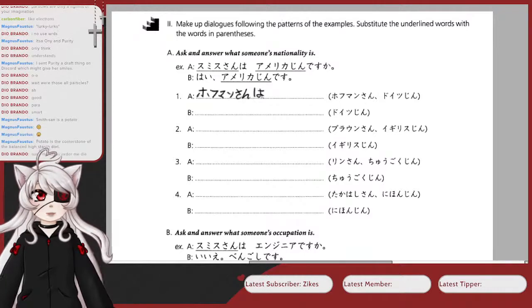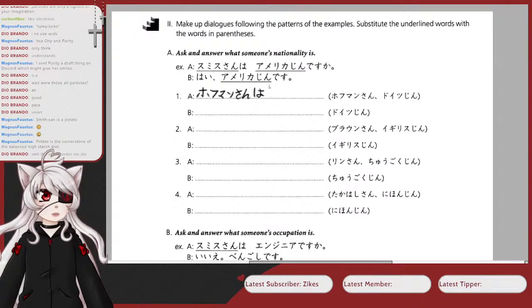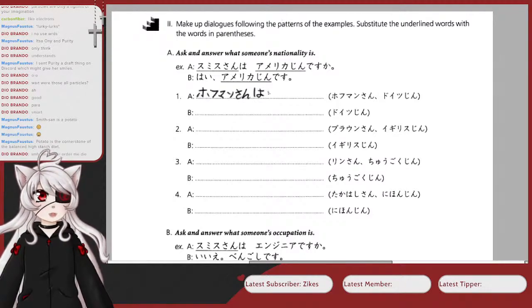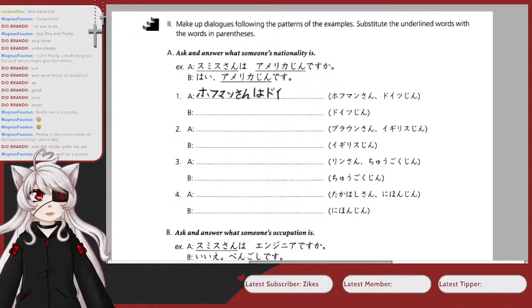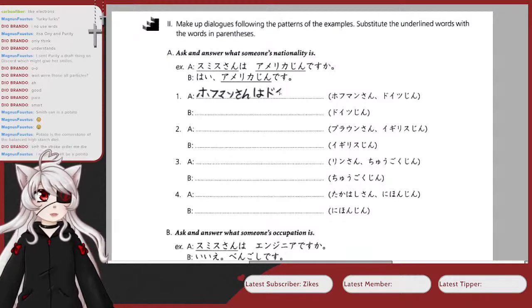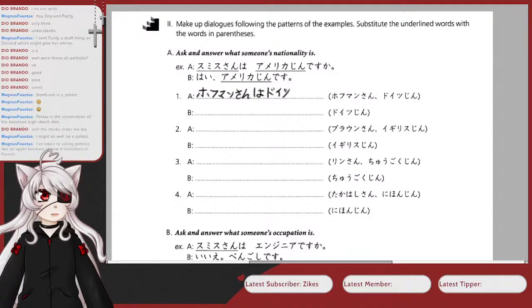So Hoffman-san wa, and they're asking, what's wrong with my stroke order? Why? What did I get wrong, Para? What did I get wrong with my stroke order? I'll beat you up.